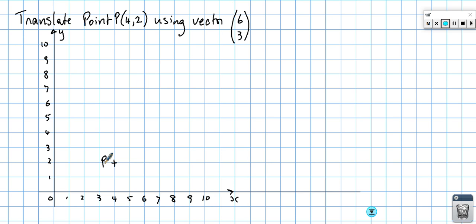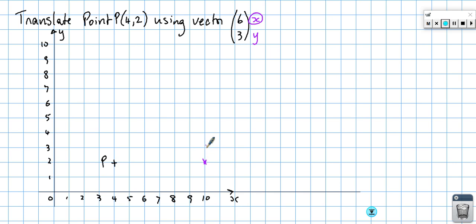So on the x-axis, that's the x, I need to move by 6. So it's 4 moving 6. So it's 1, 2, 3, 4, 5, and 6. So this is where we have arrived until now, and we have to move by 3 on the y-axis.